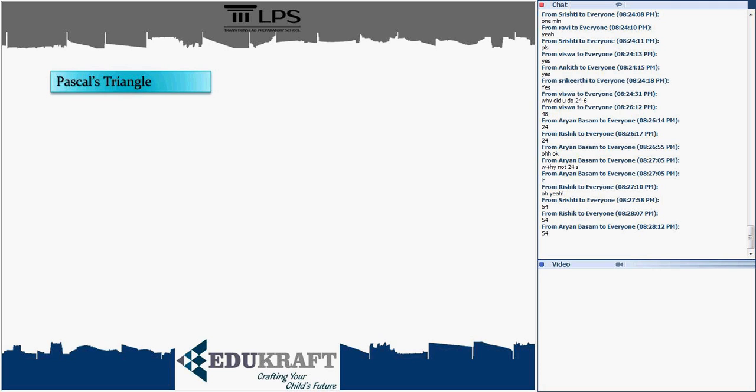This idea of Pascal's triangle, we will continue with the discussion on Pascal's triangle in the session that is next week.